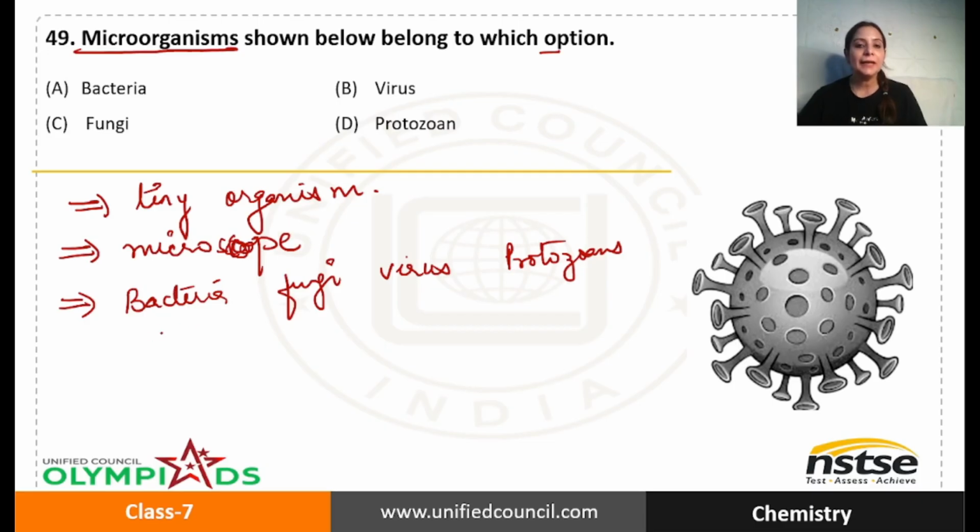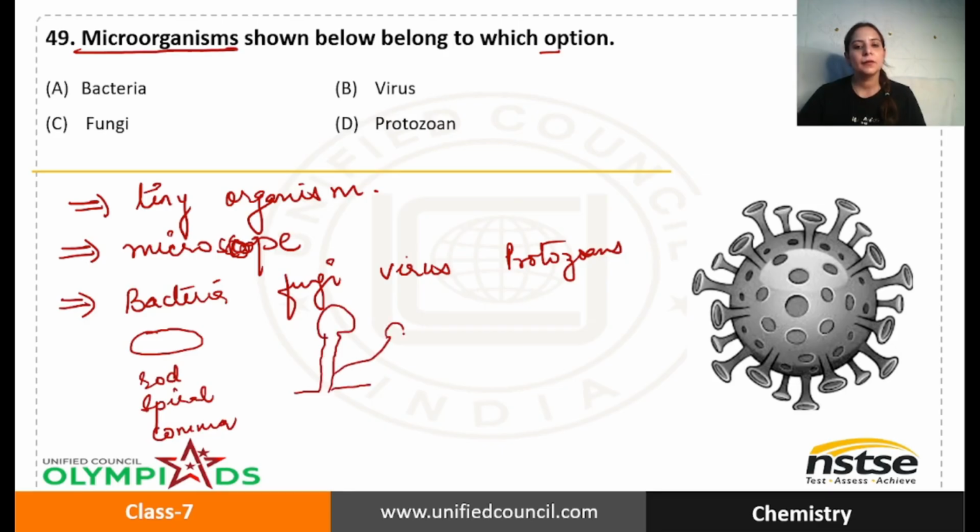Bacteria are rod shaped, maybe spiral in shape, maybe comma shaped. Fungi look something like this. We call the structure mycelium, and it has spores here.